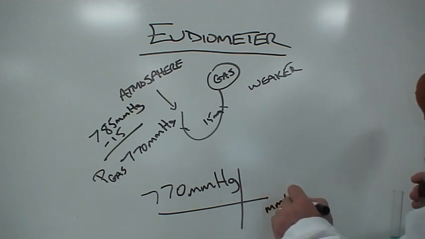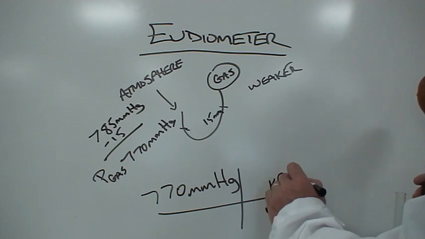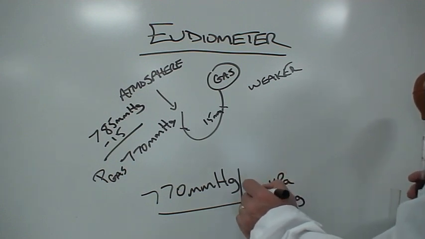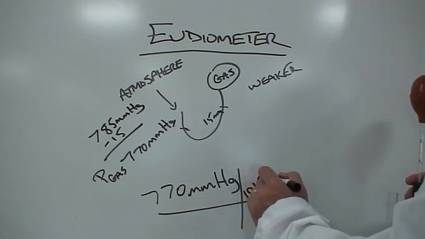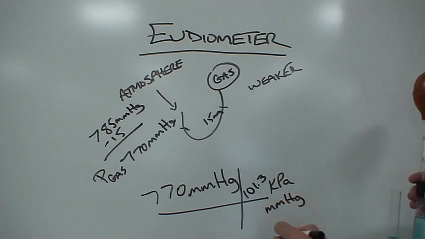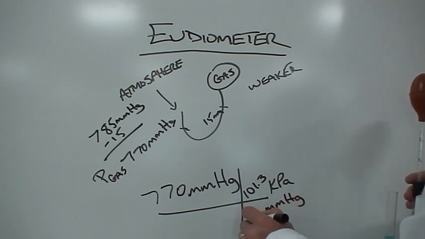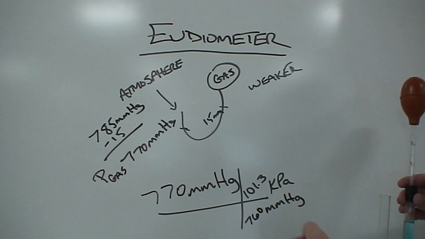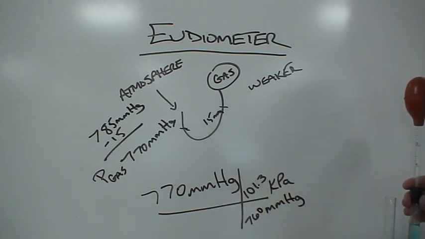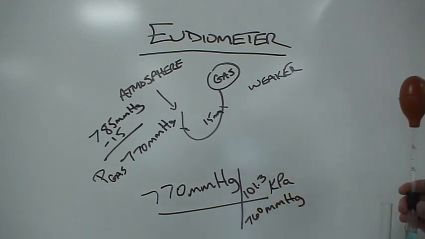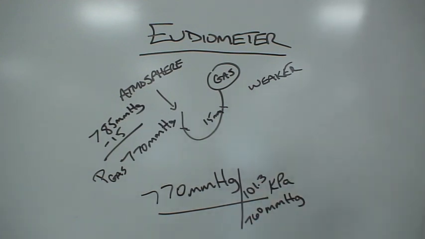If I was going to go from millimeters of mercury into kilopascals, remember standard pressure is 101.3 kilopascals. Well, standard pressure in millimeters of mercury is 760. You just need to know that, and there's your conversion. Don't worry about any simplified versions. Just know these two pressure values for STP, and you'll be able to convert if you find that you need it.